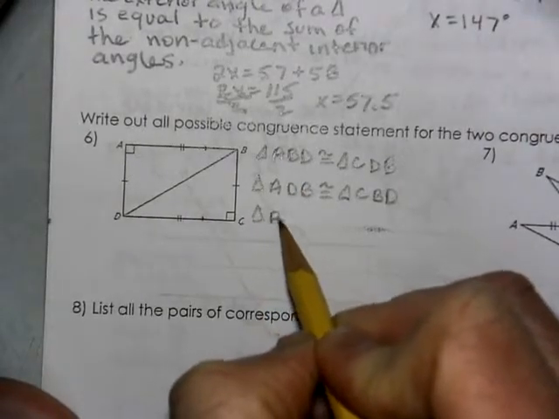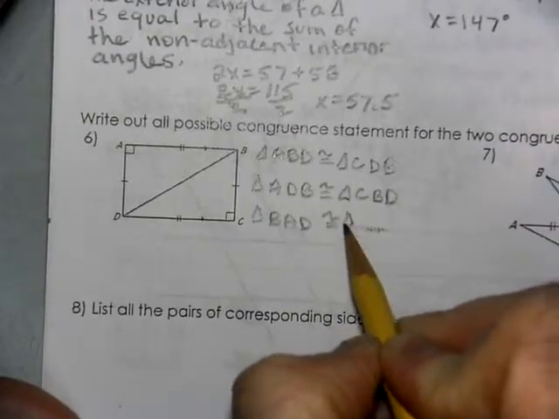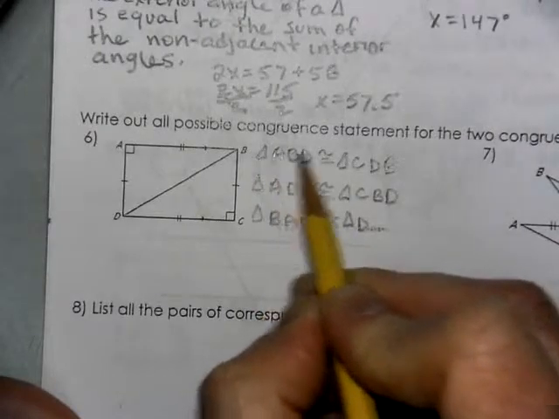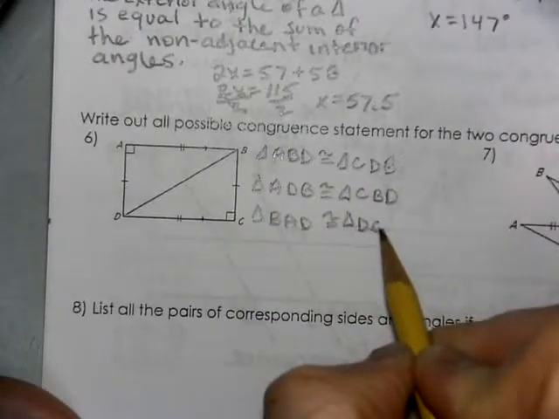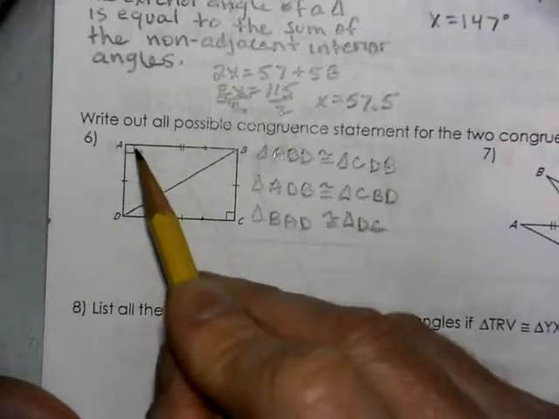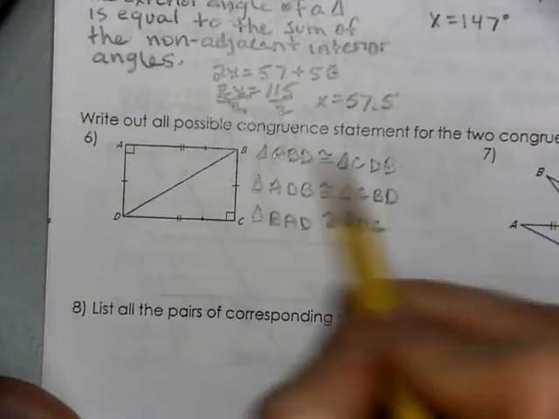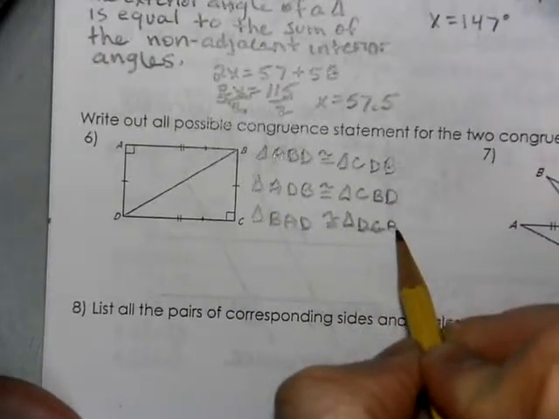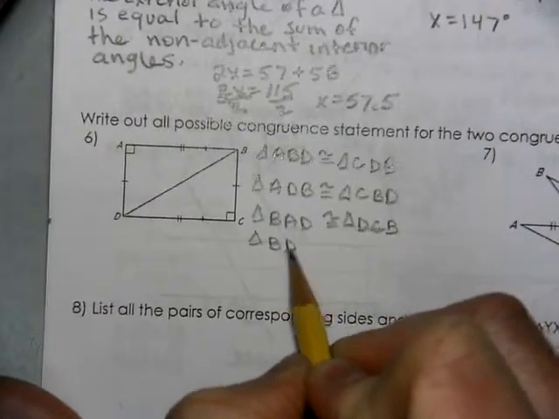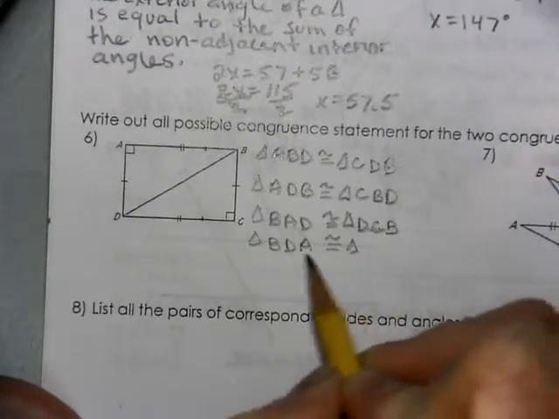I could have started with BAD. The B is supposed to go with the D. The A always goes with the C. And the D is always going to go with the B. BDA is another way you could name the triangle.